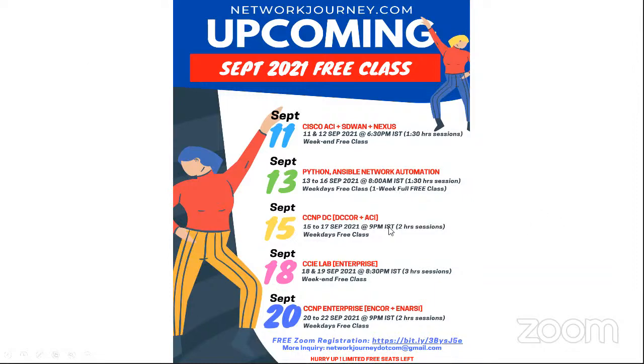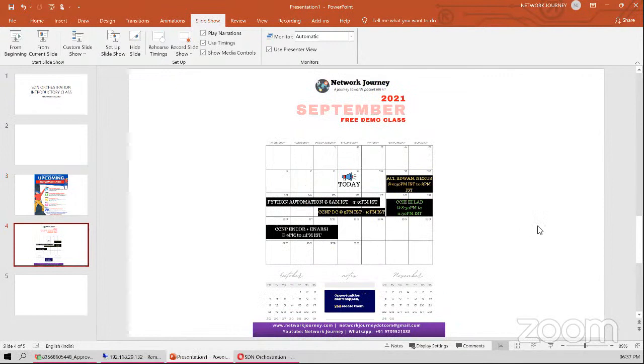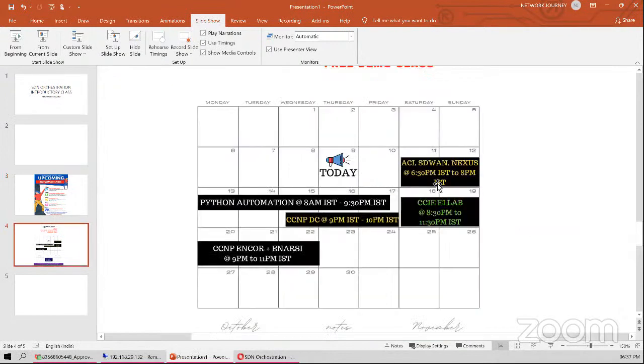And this is the time window of these classes. Right now it's 6:30 approx in India, and shortly we will start with SD-WAN and ACI. So let's keep one after another. The bridge is going to be the same for the next couple of days, so you join the same bridge and take up these classes.